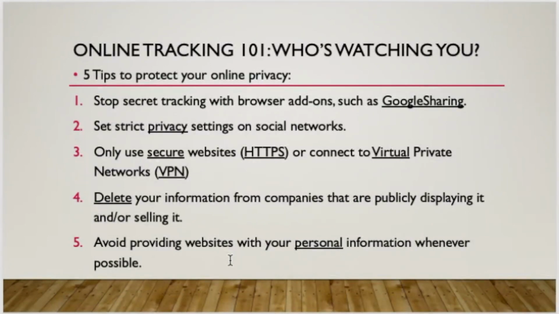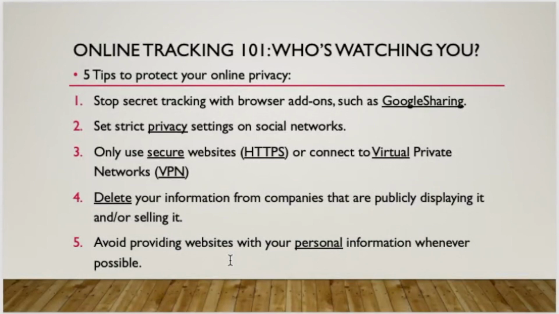Or connect to websites or browsers using a virtual private network, or what's called a VPN. You want to make sure to delete your information from companies that are publicly displaying it and or selling it. So there's some companies out there like White Pages.